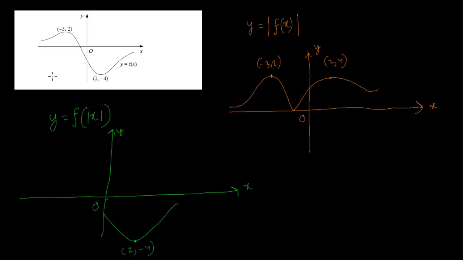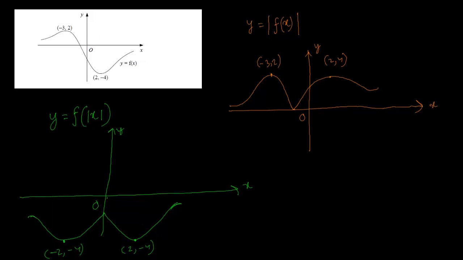Now the negative portion, because of absolute value of x, is removed, and this portion is reflected like this. Remember, there is a little bit of curve, a little bending going on here, so remember that. So if this is the reflection, it would be -2 and -4. The value of y is the same, x is being reflected. So remember, in absolute value of x, it's a reflection on the y-axis.